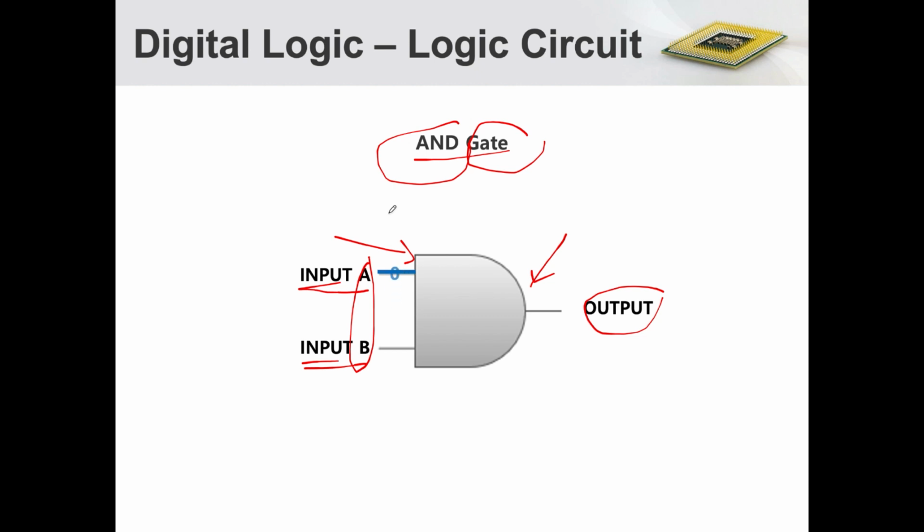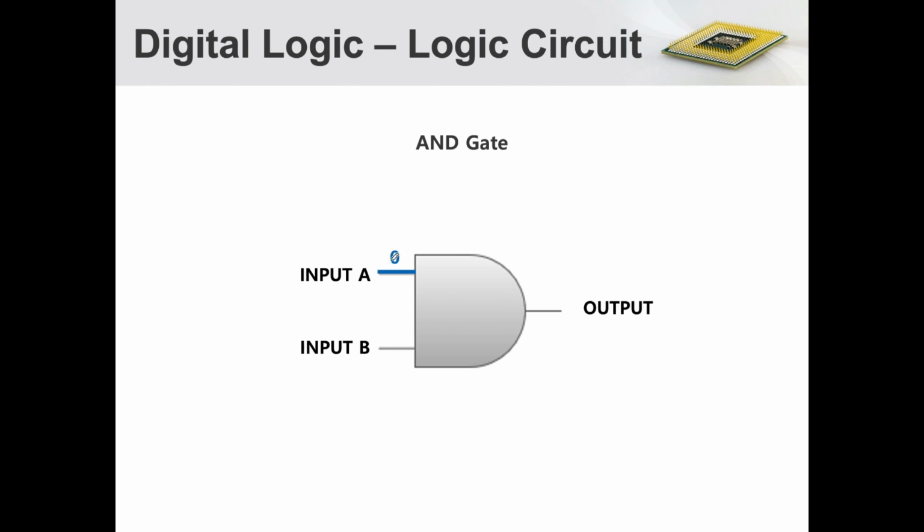So let's take a look at the examples. If let's say you have input 0 and also 0, with two inputs you have 2 to the power of n possibilities, isn't it?